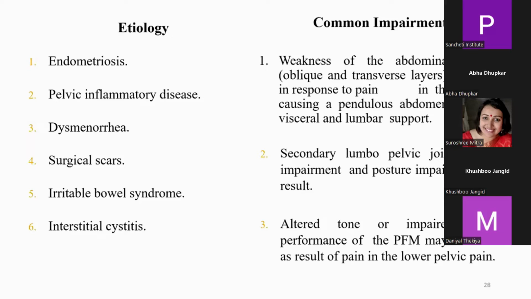And if there is an altered tone or impaired muscle performance, then it can result in pain in the lower pelvic region. So if the patient complains of lower pelvic region pain, you can suspect that the patient can come under this particular impairment. So as a therapist or as a doctor, we should be aware and we should be able to segregate in what category the patient is coming and what line of treatment we have to give.